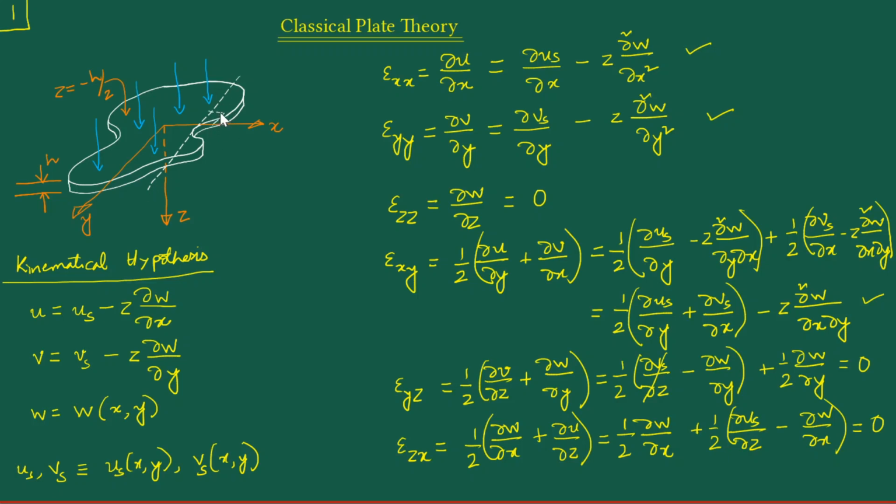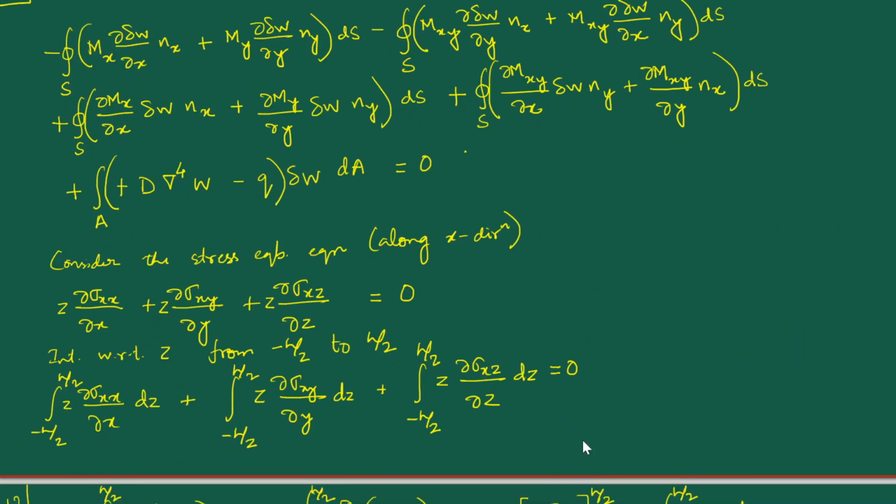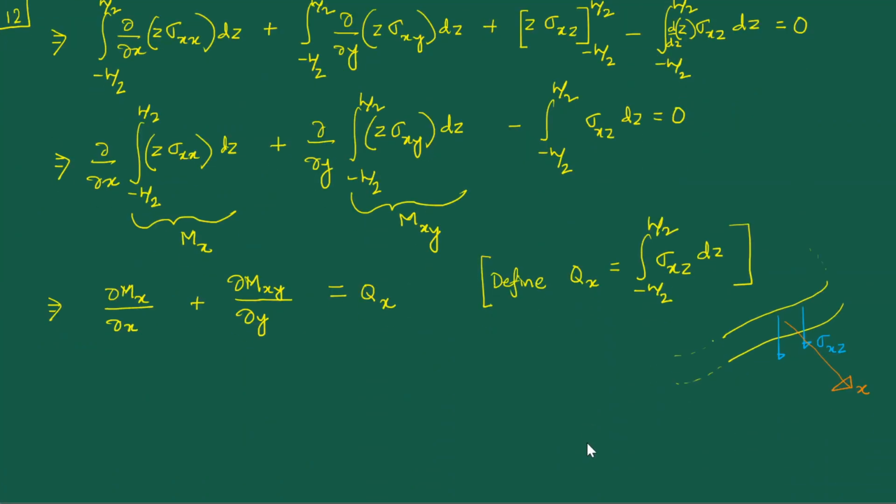If I take such a cut section, then the exposed surface as a result of that cut section, I'm considering that thickness, that edge. Okay, so I'll delete this thing to avoid the clutter and get back to my page. So I was working here. So here I have the sigma xz, and it is that sigma xz which is actually contributing to the ultimate shear force, which is represented by this qx. Okay.